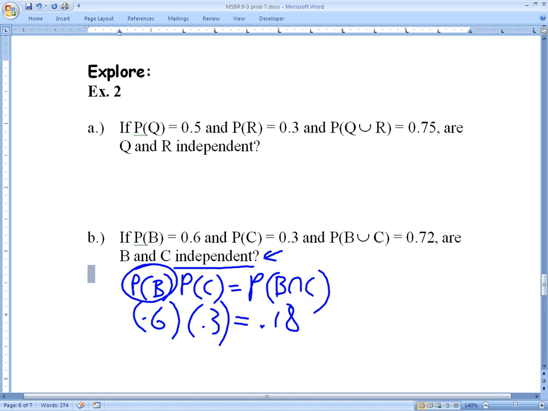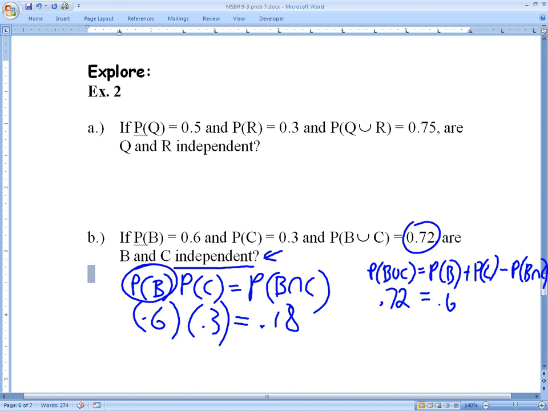So we'll check our answer in the combined events formula, which says the probability of B or C is equal to the probability of B plus the probability of C minus the probability of B and C. We'll fill in everything we know. 0.72 they gave us for the OR.